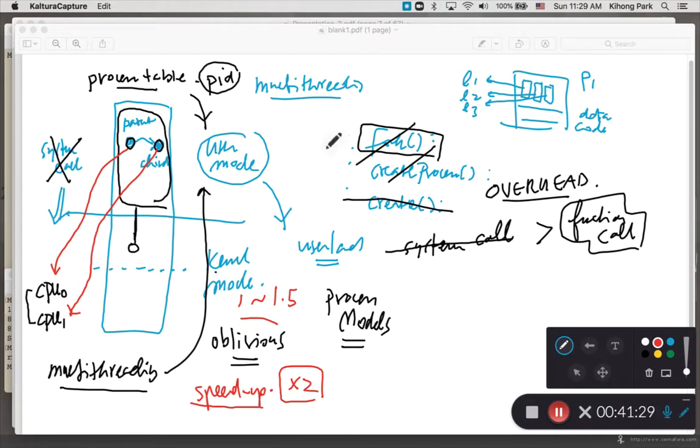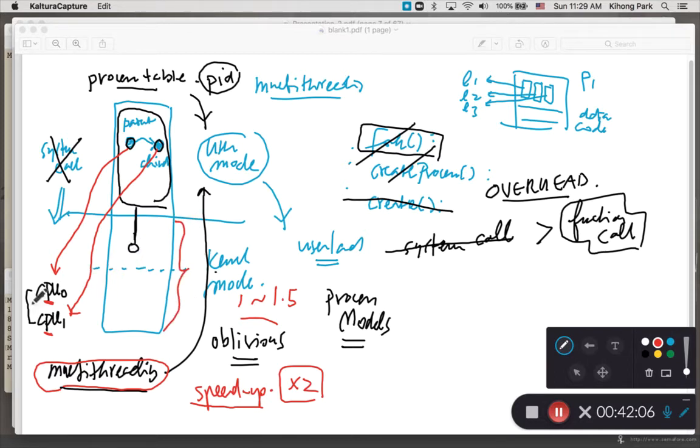But in this way of implementing multi-threading, where you're creating your threads entirely in user space, in user mode, where the kernel is oblivious to the fact that your app is actually acting as a two-threaded process, it cannot utilize the fact that there are two CPUs, because these CPUs are governed and scheduled by the operating system, by this guy.